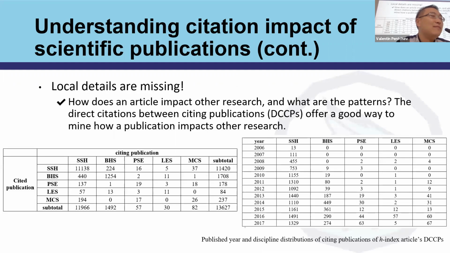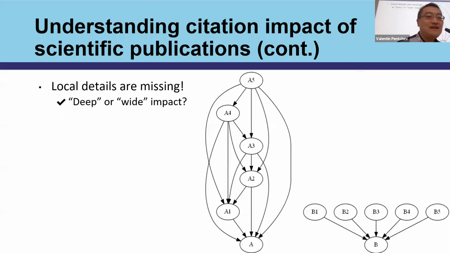Here's another example. I use one case, which is the H-index paper published in PNAS in the year 2005. And I consider the direct citations between citing publications. For instance, let's say A is the H-index paper, and there are some citations between citing publications, such as from B5 to B4.